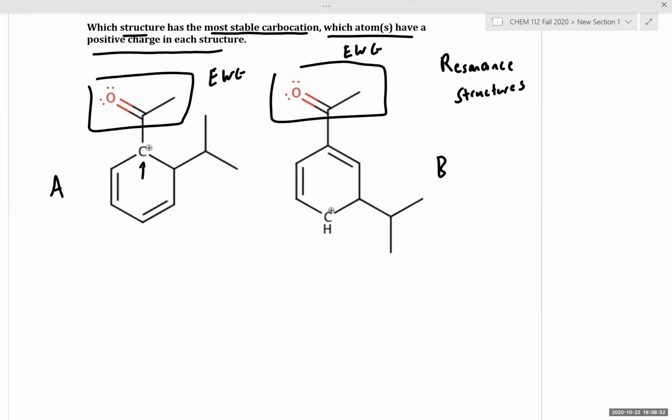But I'd like to see some students try to start this discussion or try to at least draw out some resonance structures, and I'll help push us along in the discussion if we're ever getting stuck. And of course, if there are any questions, don't be shy to let me know.